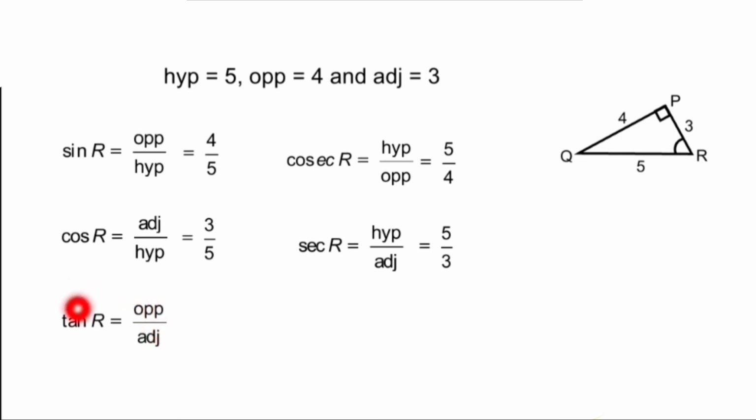So tan r is equal to 4 by 3. Next, cot is defined as the reciprocal of tan. So cot r is equal to adjacent side by opposite side, which is equal to 3 by 4.